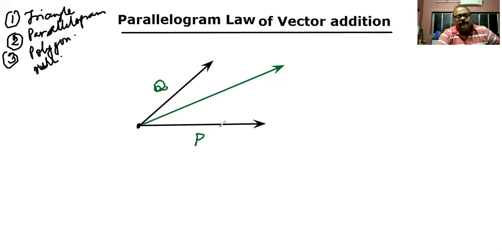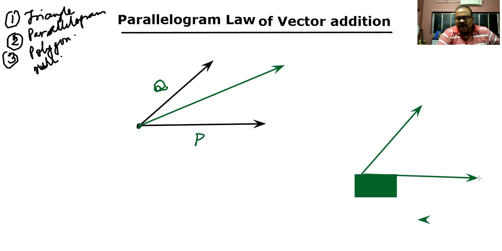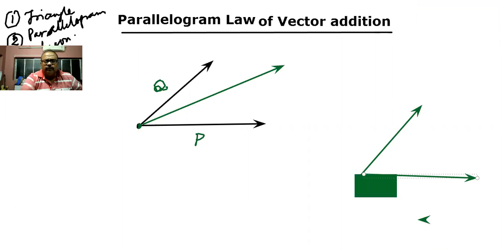You can have a conception like this: if a body is acted on by two forces, one of your friends pulling in this direction and another friend pulling in this direction, then you can work out in which direction the resultant force will be. Something like this we are trying to explain in the parallelogram law of vector addition.